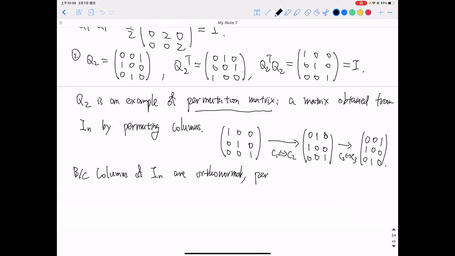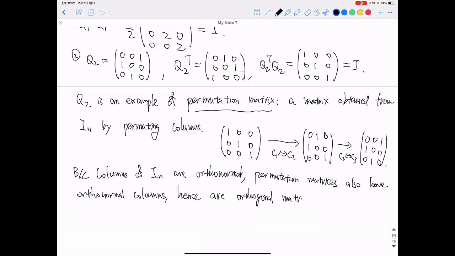Okay, permutation matrices, which have columns the same as columns of the identity, also have orthonormal columns, hence are orthogonal matrices.